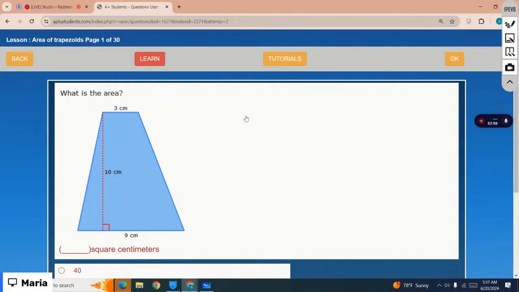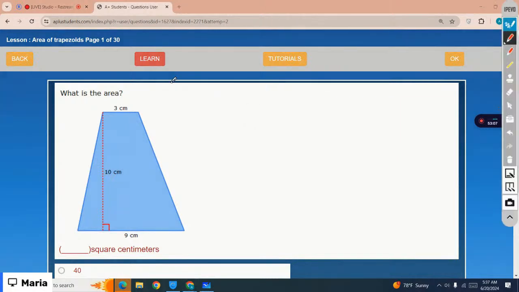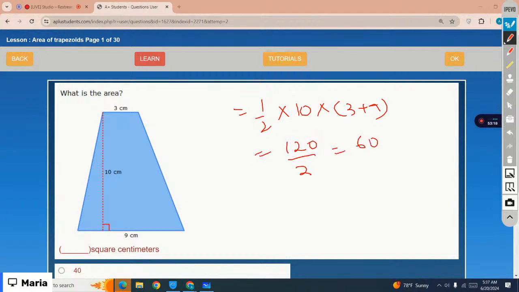You are given the trapezoid, you have to calculate the area. So how do we calculate? The trapezoid has two bases, right? You have to do half times height and you have to add the bases. So 9 plus 3 is 12. 12 times 10 is 120. 120 divided by 2 is 60. So the correct option is 60 square centimeters. Got it?